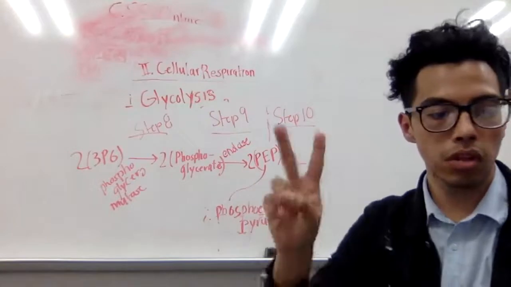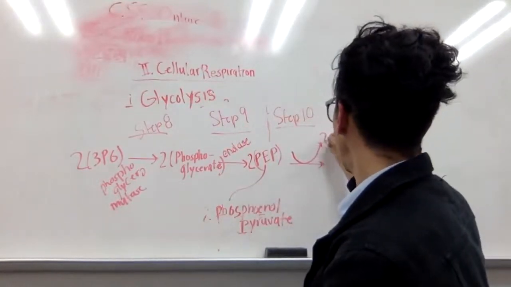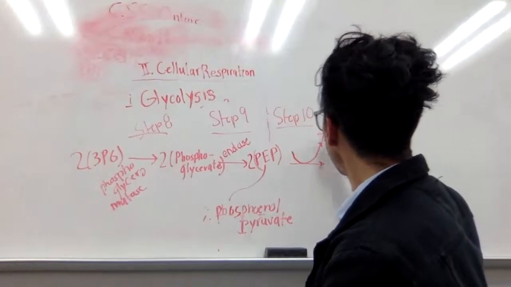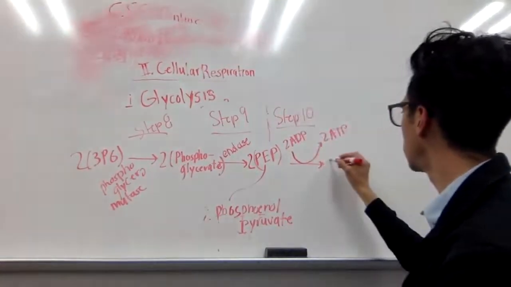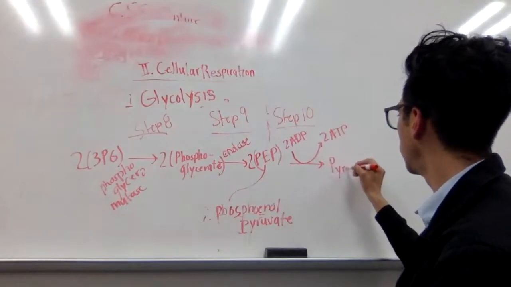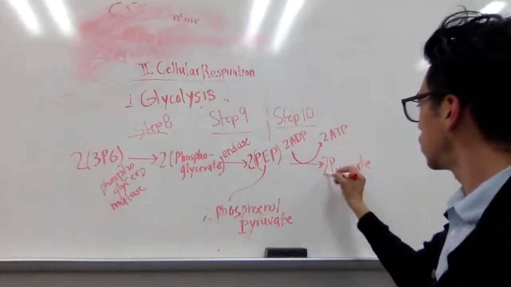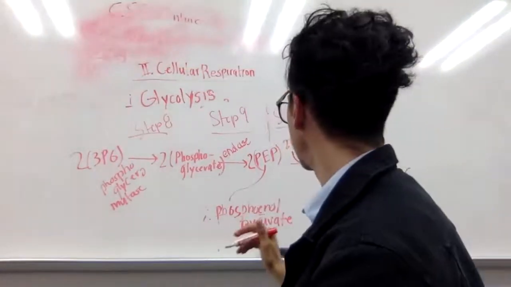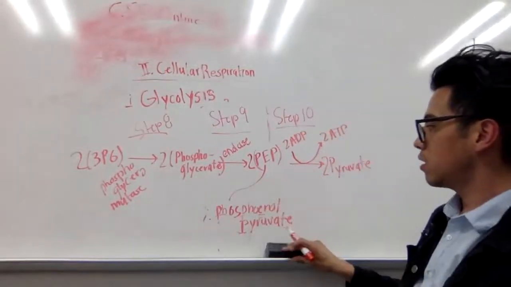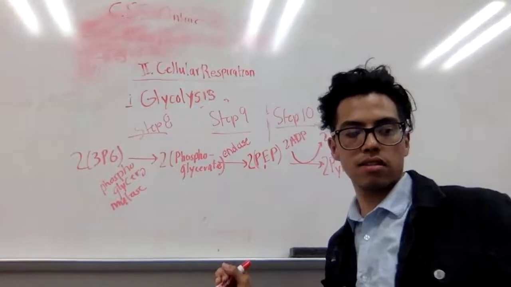You start off with two molecules of PEP, and you create two molecules of pyruvate and two molecules of ATP. PEP is drawn as something like this.